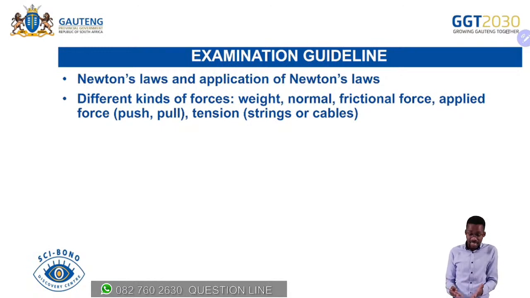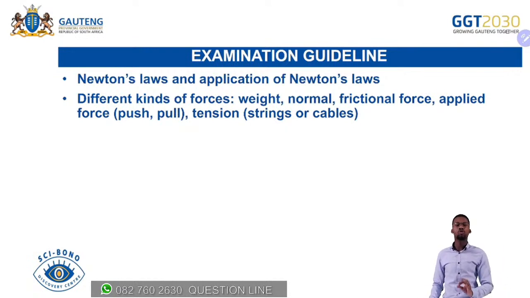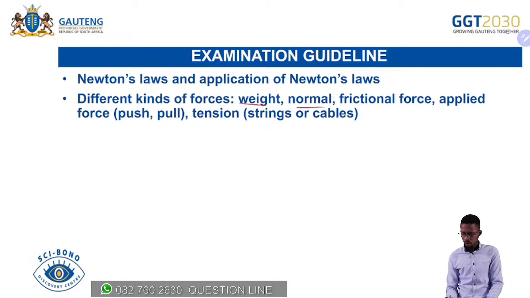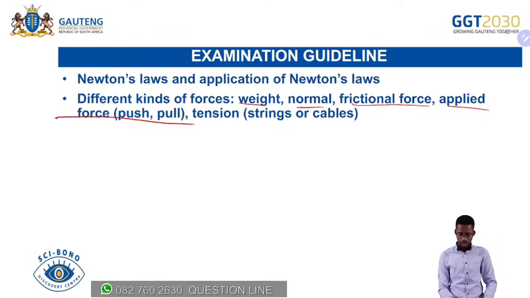The exam guideline tells us that you should know the different kinds of forces that act on the object. And what is fundamental as well is to use the correct symbols when we draw the free body diagram. So forces can be weight, normal force, frictional force, and applied force in terms of push or pull, and tension on the strings. So you should be in a position to identify the types of forces that act on an object.